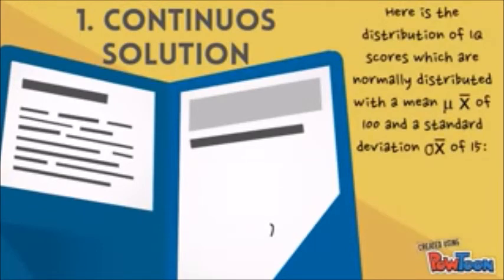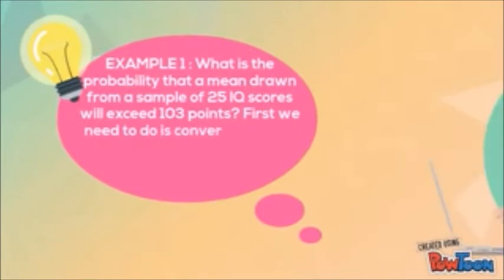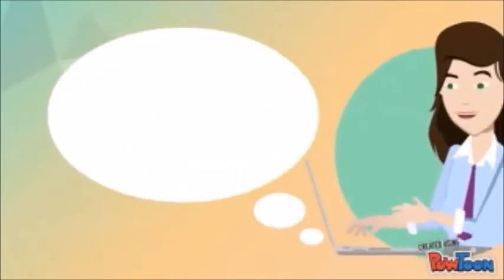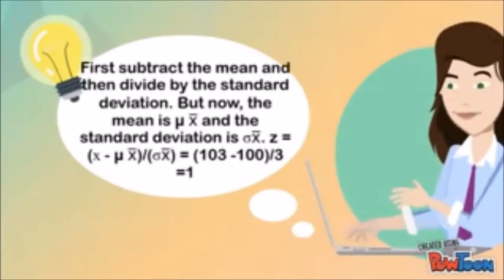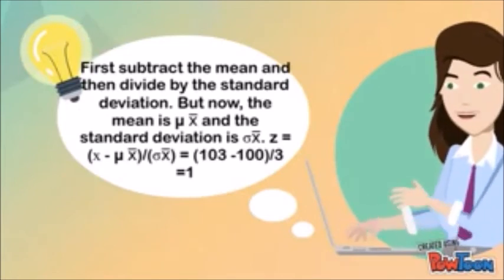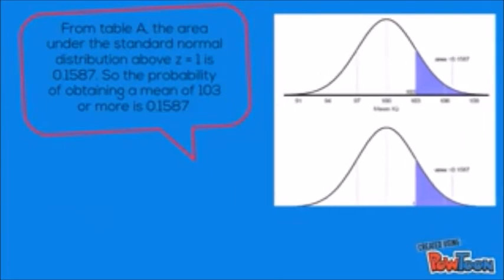According to the central limit theorem, the sample means will be distributed normally and will have a mean equal to the population mean. From the table, the area under the standard normal distribution above Z equals 1 is 0.1587.